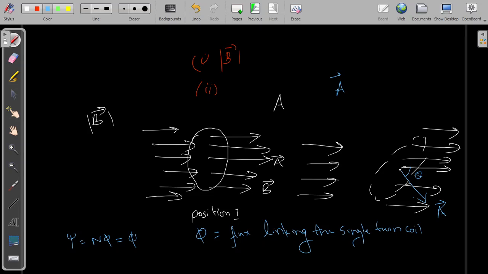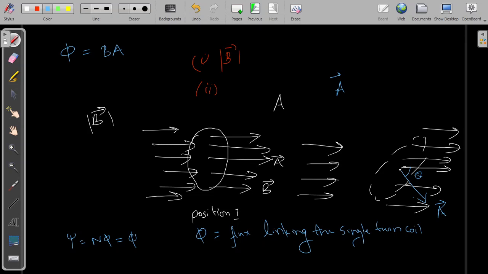If you calculate phi, we have the formula: the magnetic flux equals B, the magnetic flux density, into area. Actually this is defined for position 1 only.